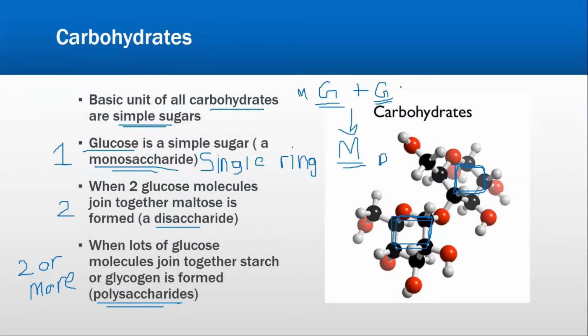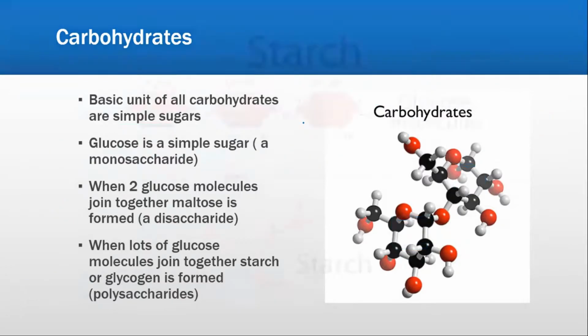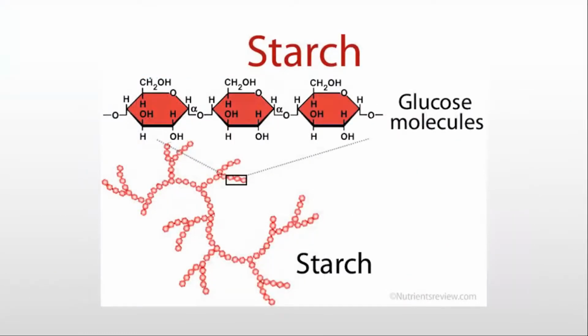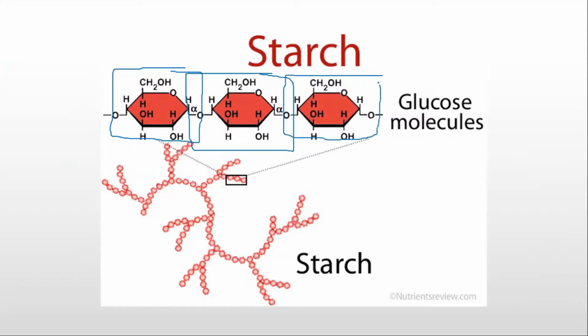Both these monosaccharide simple sugars join together to form a disaccharide, which is maltose, and more of these glucose molecules, let's say more than two, join together to form glycogen or starch, which is a polysaccharide. So this is an example of starch. We have how many glucose molecules? One glucose molecule, second glucose molecule, and a third glucose molecule. When these three glucose molecules join together, they form a starch molecule.